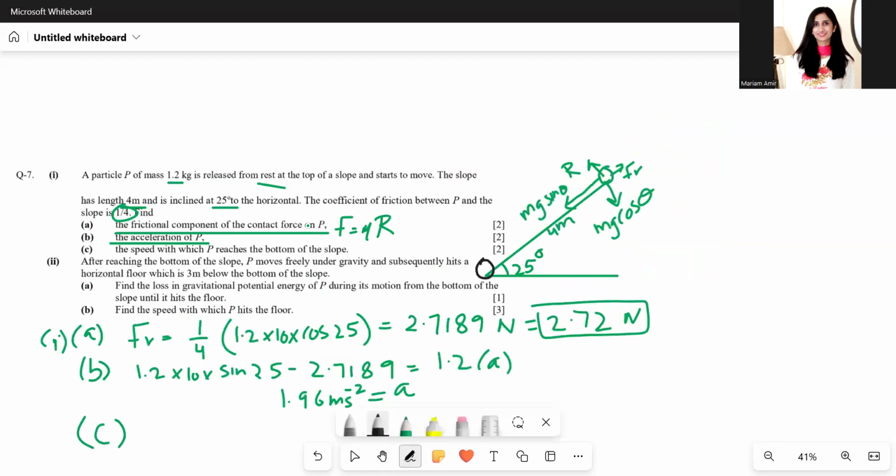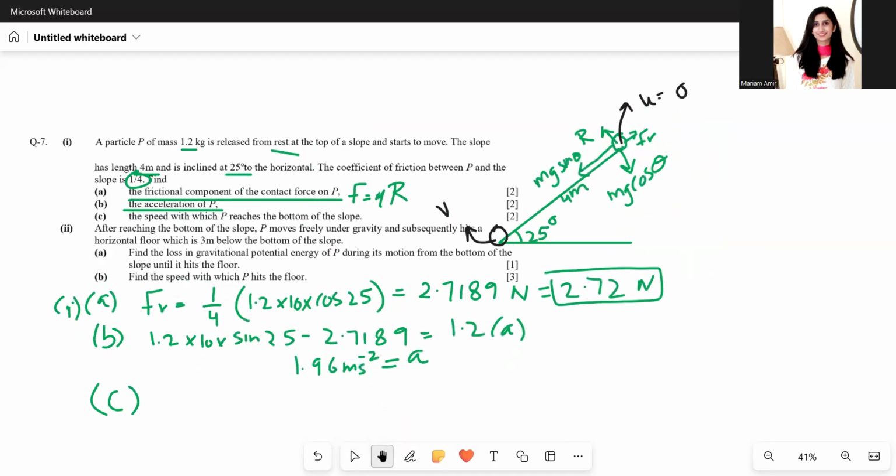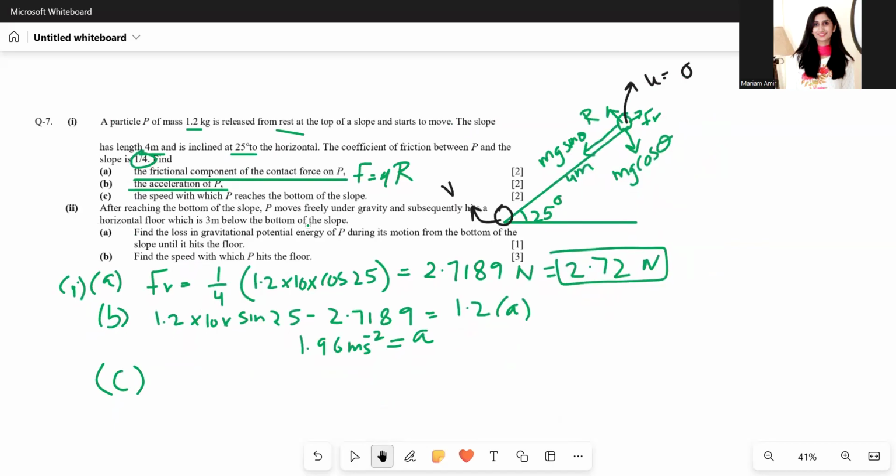We know that the initial speed here is 0. We need the final speed here, v. We have the distance, 4 meters. We also have the acceleration. Acceleration is constant because it is a particle, there is no engine inside it. In a question with an engine, acceleration is not constant. This is just a particle. There is no driving force.